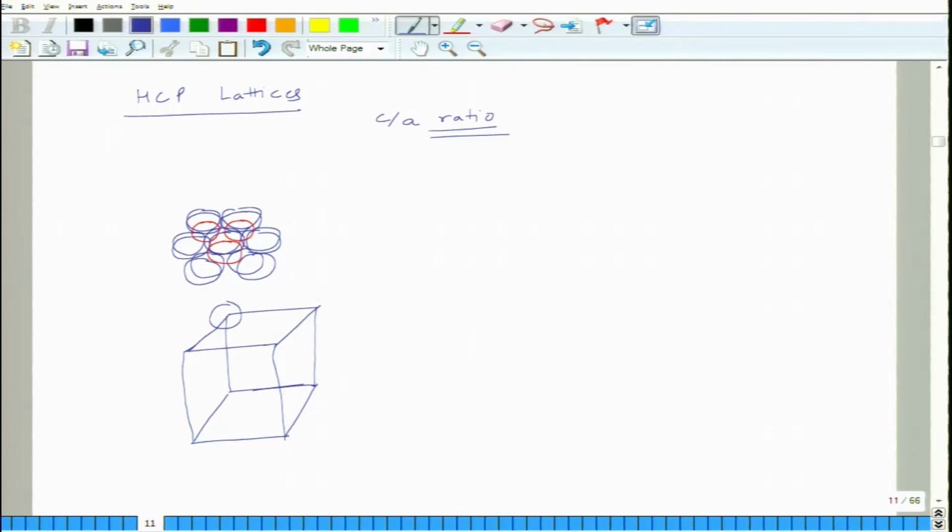You have one atom here, one atom here, one atom here, one atom here, another here, another here, another here, another here, and one in between.